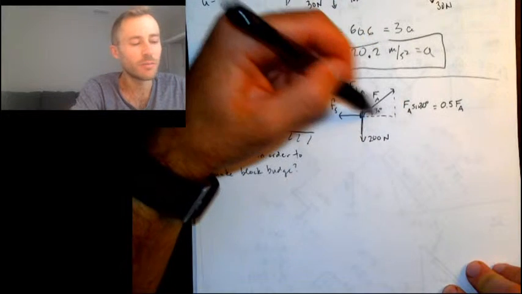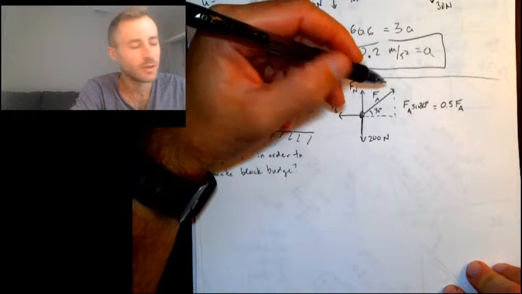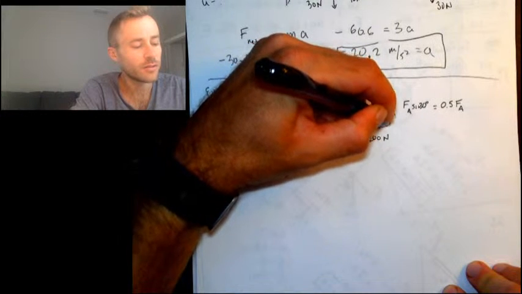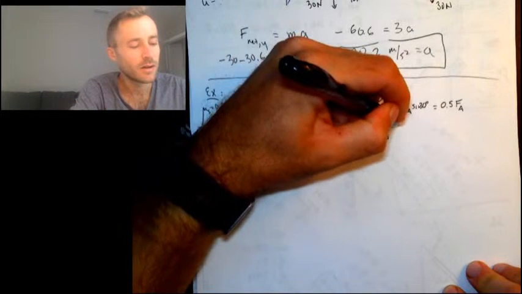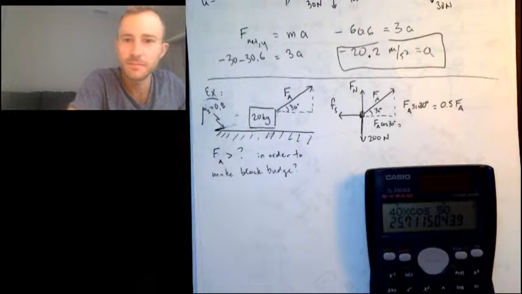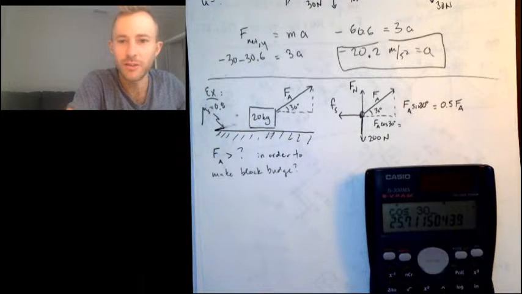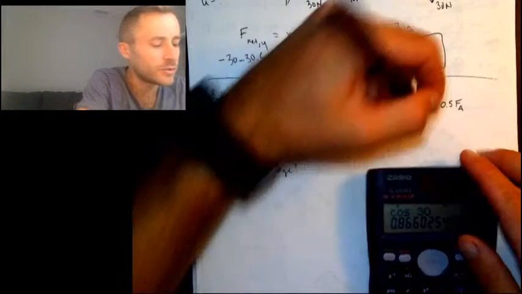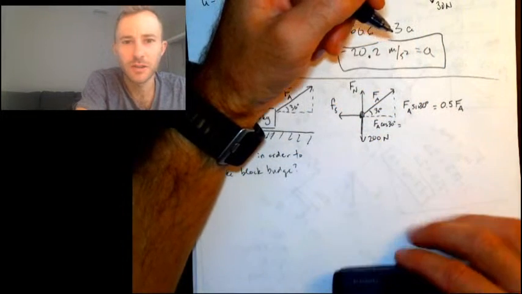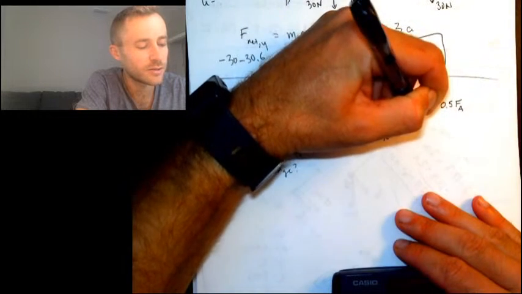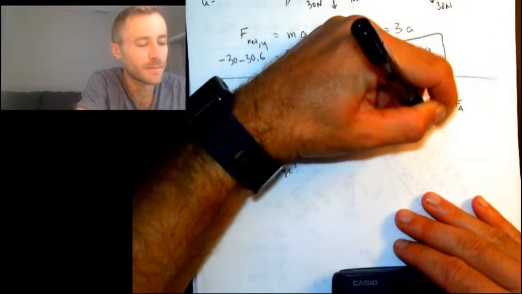The horizontal component is adjacent to the angle, so it would be f sub a cosine of 30 degrees. And I know that cosine of 30 is 0.87. See that? So whatever the value of f sub a is, the horizontal component is going to be 0.87 f sub a.